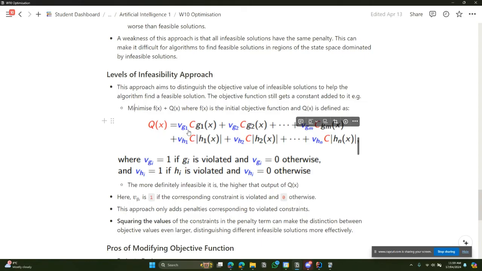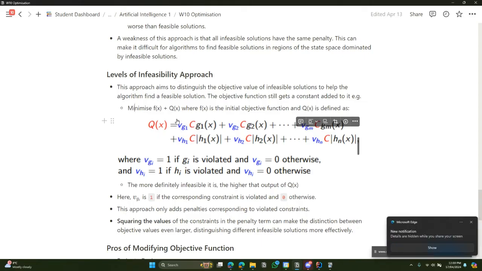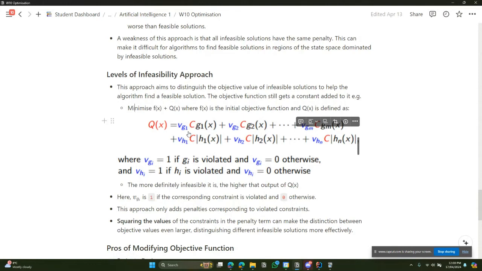Then if the constraint has not been violated, so if it is feasible, we don't want to penalize the objective function for this specific constraint. So we make this zero, and that gets rid of this term because it's multiplied by zero. The same is done for all of these, however many constraints you had.